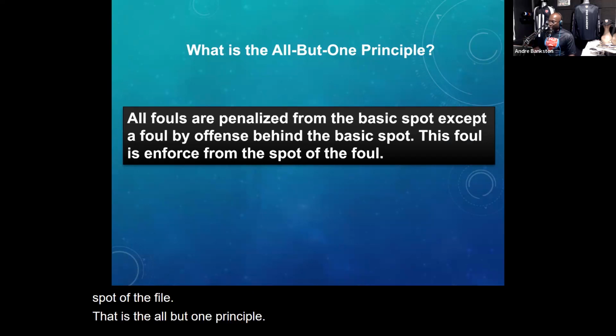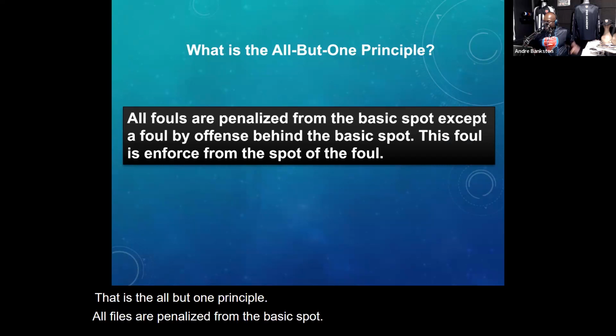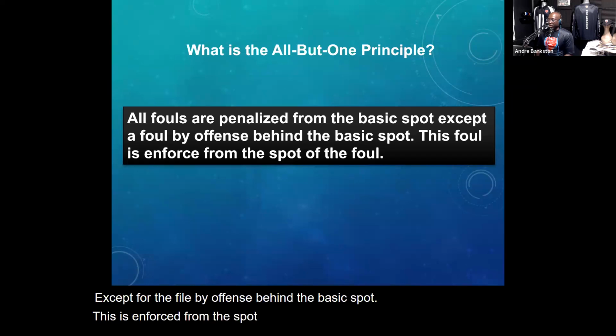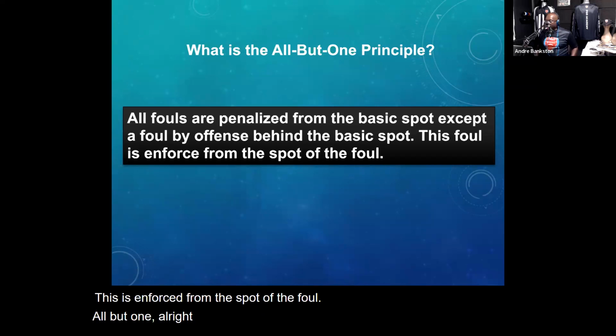All fouls are penalized from the basic spot, except for the foul by offense behind the basic spot. This is enforced from the spot of the foul, all but one. All right. So again, and then what's the basic spot? GEEPS 20.